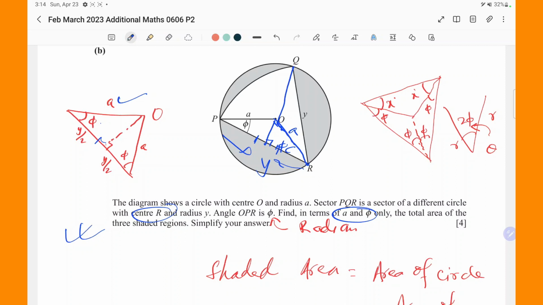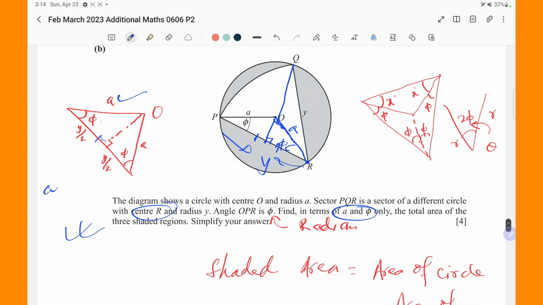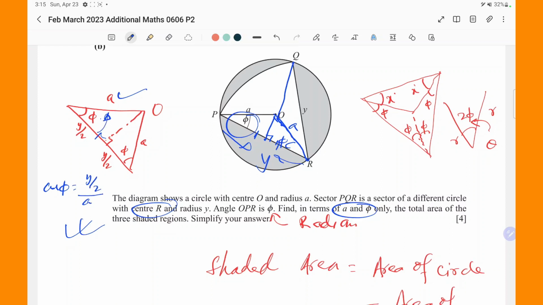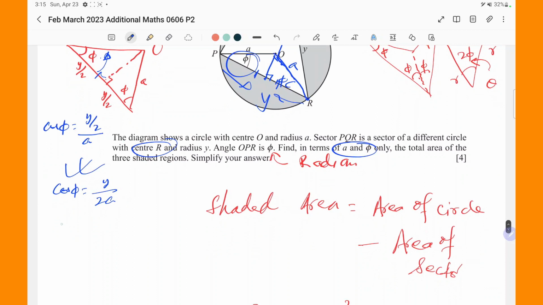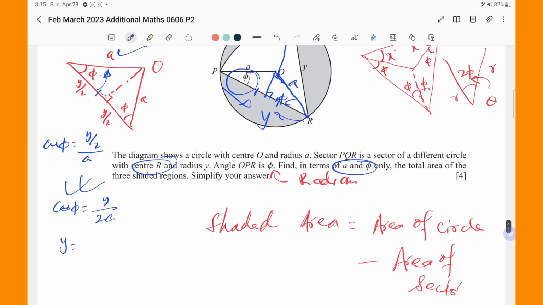So apply cos in this. When you apply cos phi, then this is adjacent over hypotenuse, that is A. So cos phi is y over 2A. So y is 2A cos phi, right?